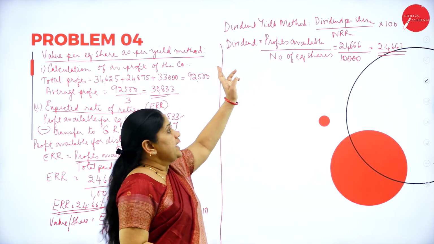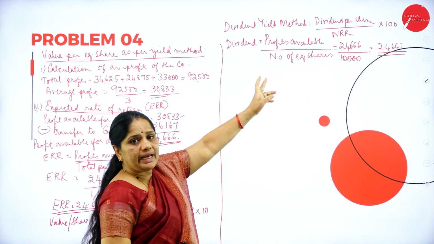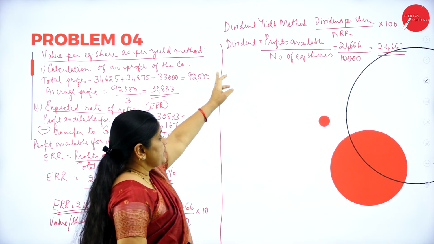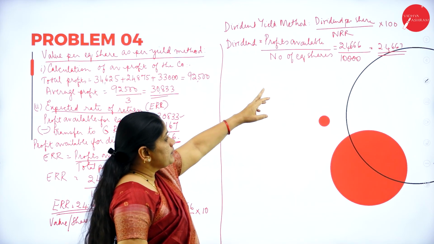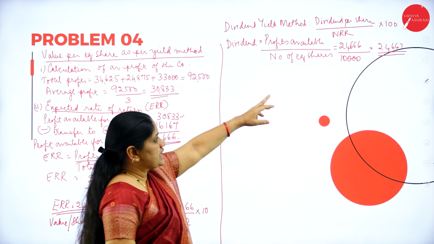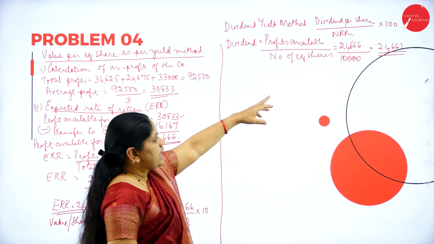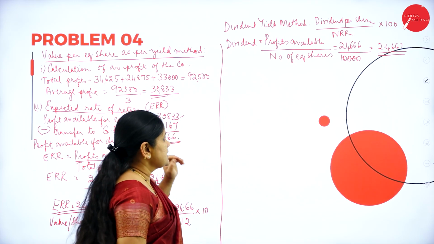So as per the dividend yield method, we have the formula dividend per share divided by NRR into 100. So dividend equals profit available by number of equity shares. Now the profit available is 24,666. The number of equity shares is 10,000. So when I divide it by 10,000, I get 2.4667.